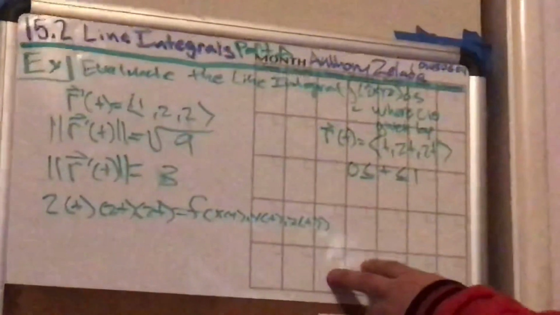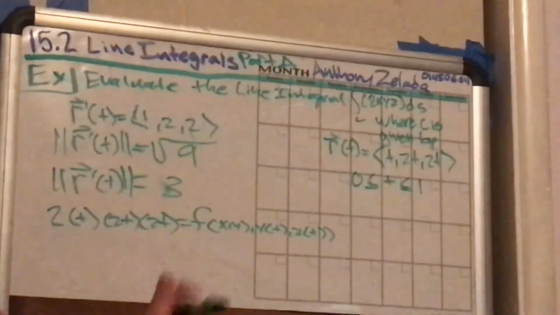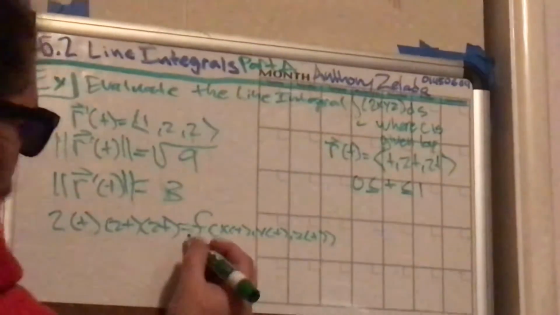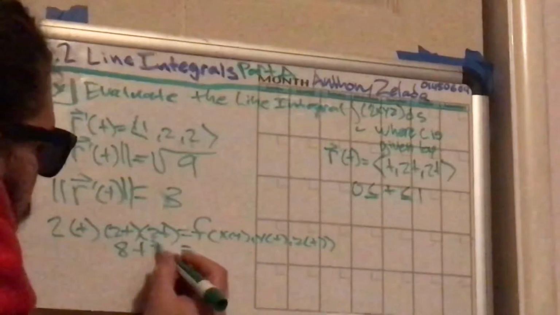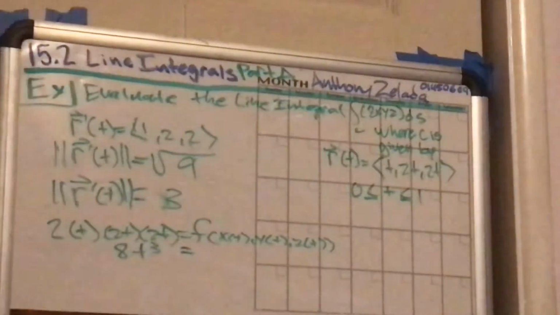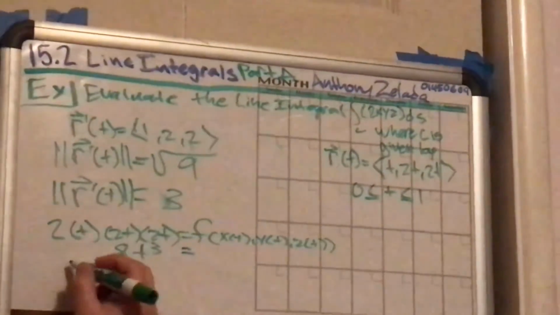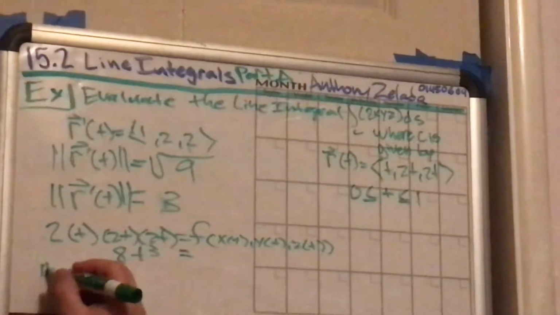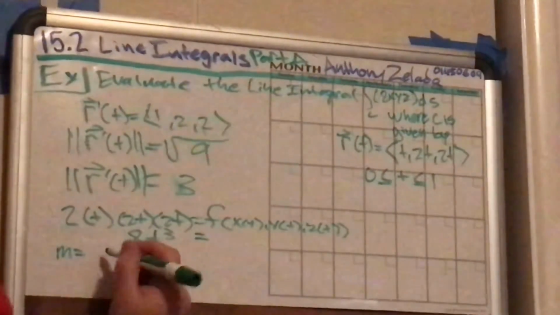Now all we have to do is put it under an integral and evaluate it. This simplifies to this, by the way. So then we can do our line integral and find the mass of this wire.